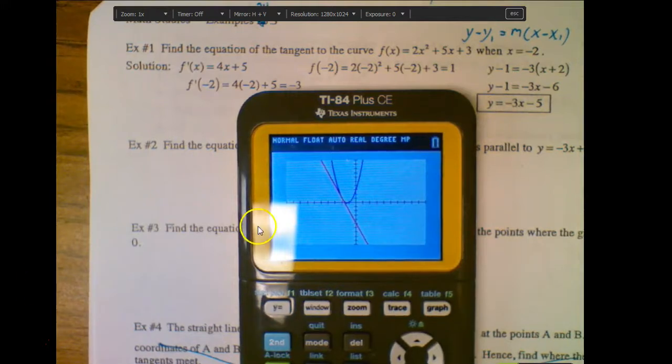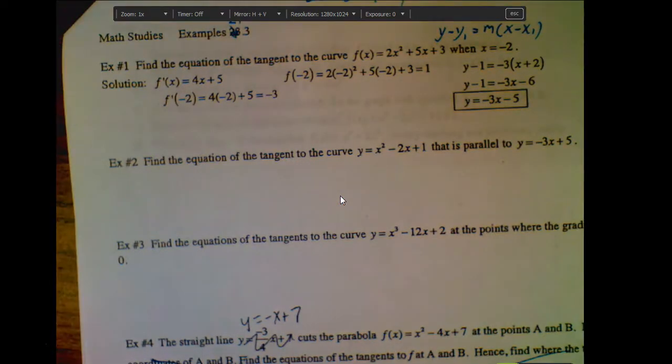A tangent line hits our graph in one spot right there. It just passes through. So what we just found was the equation of that tangent line at the value where x equals -2. And if you look right here on the graph at -2, that's where those two graphs intersect, at that point right there. So that's what we just came up with that equation.